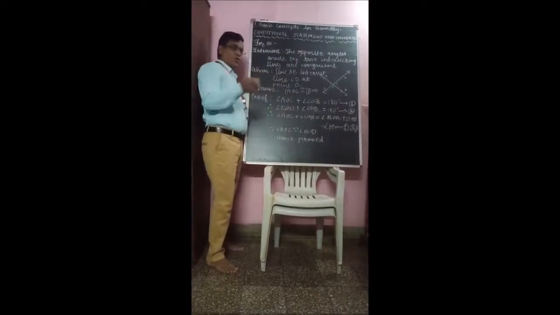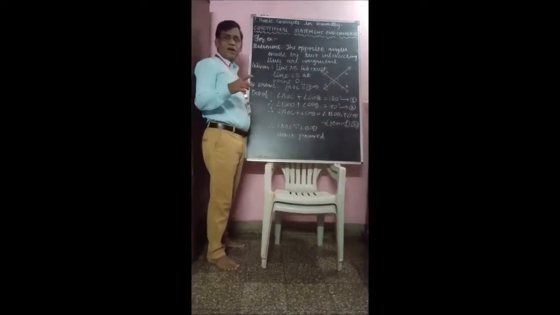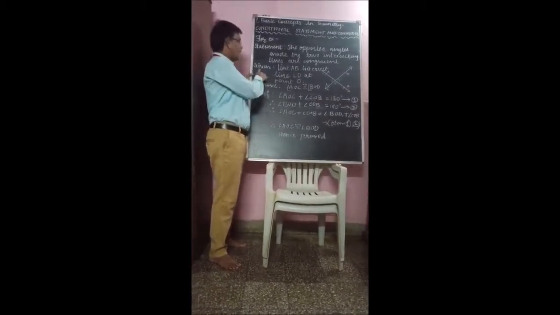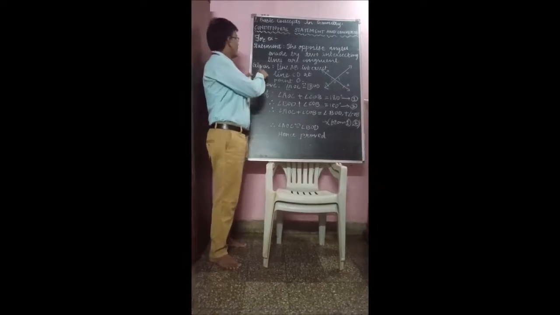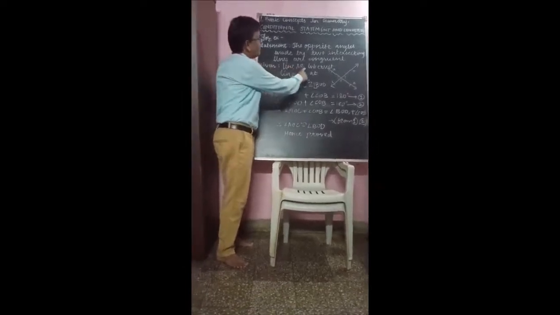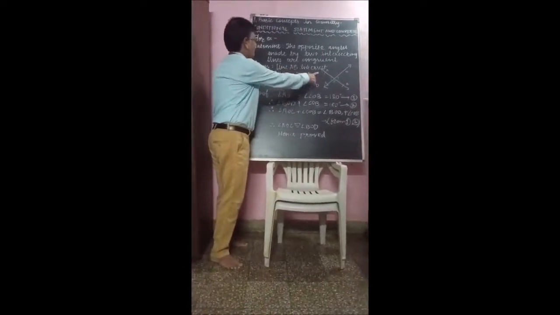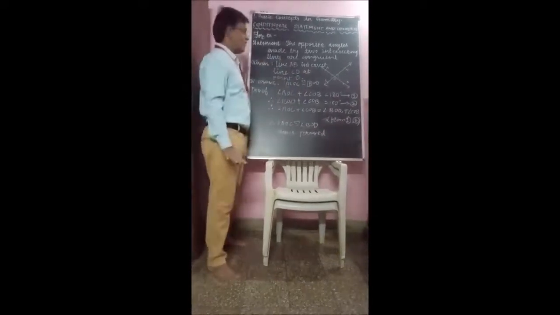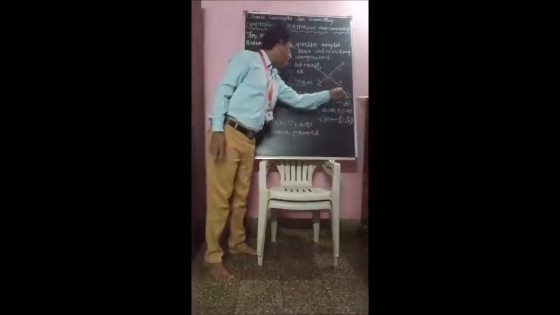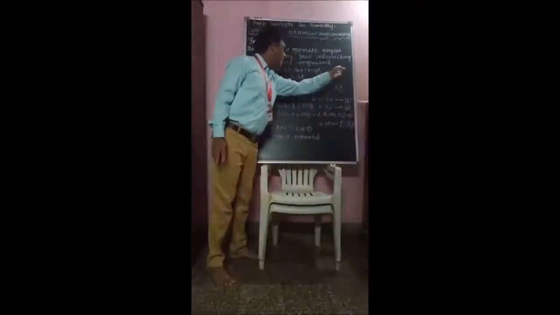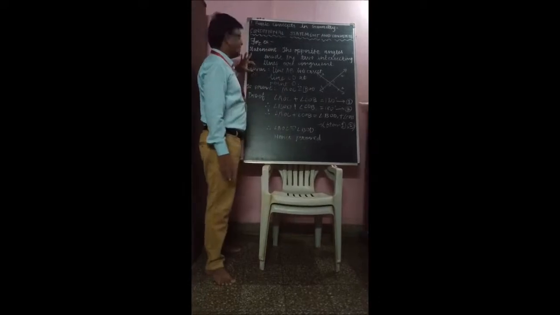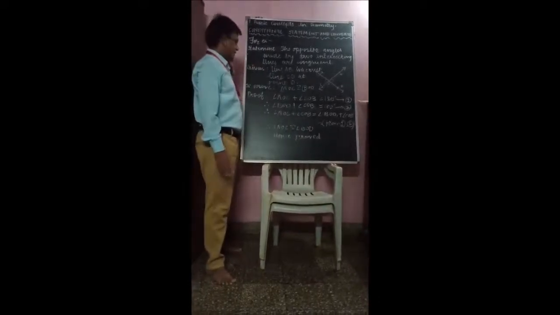When you prove any theorem, first you write down the given. Given: line AB intersects line CD at point O. This is called the antecedent.